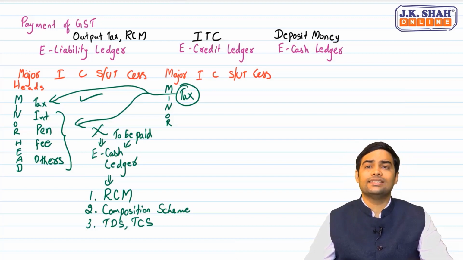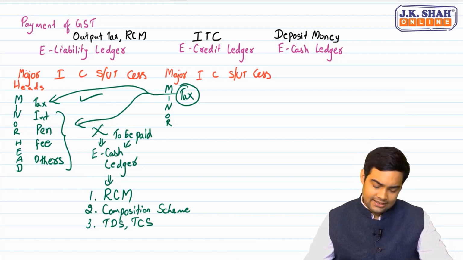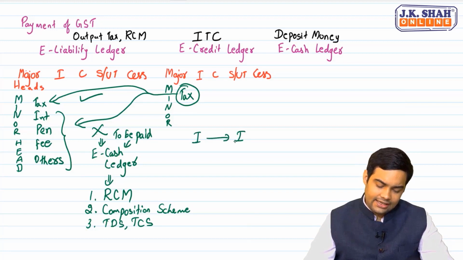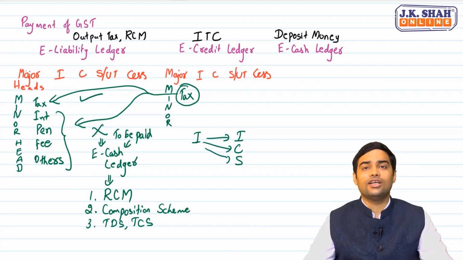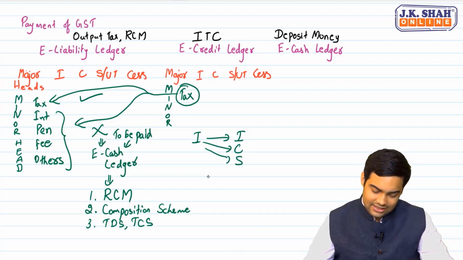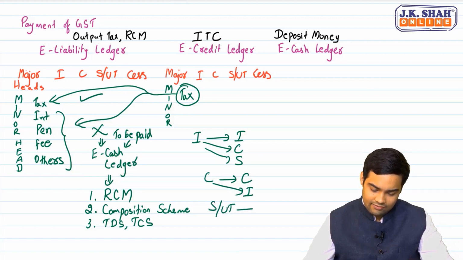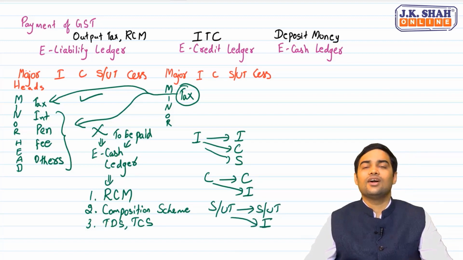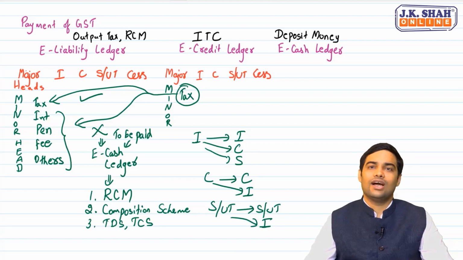Then moving towards the adjustment methodology. I can be adjusted against I, then I can be used against C and S, any order, any proportion. CGST with CGST, then C with I, and finally S/UT with S/UT, and then finally against I. So this is the order of utilization of ITC.